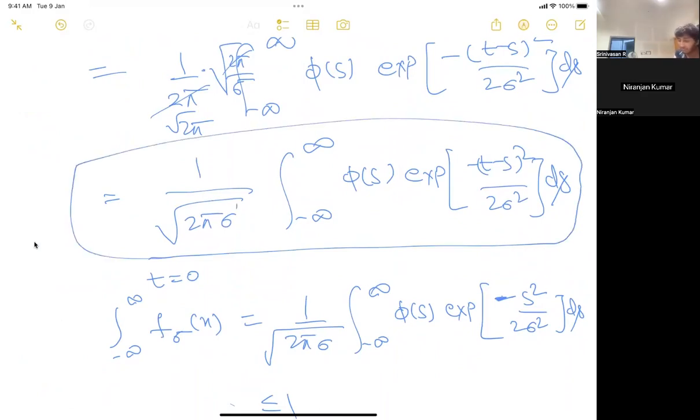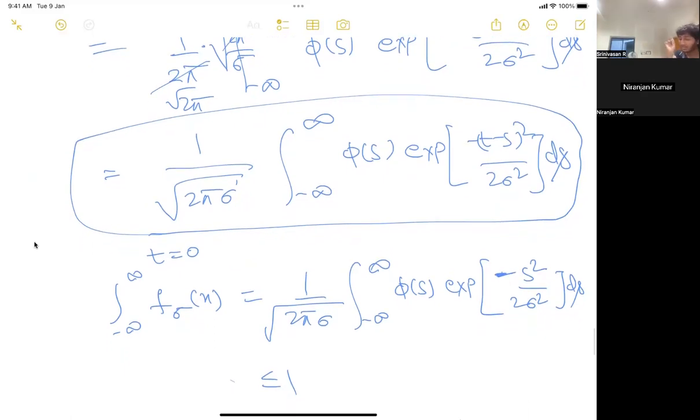In this expression, what you do is, we use a change of variable. We just take z to be t plus sigma x.